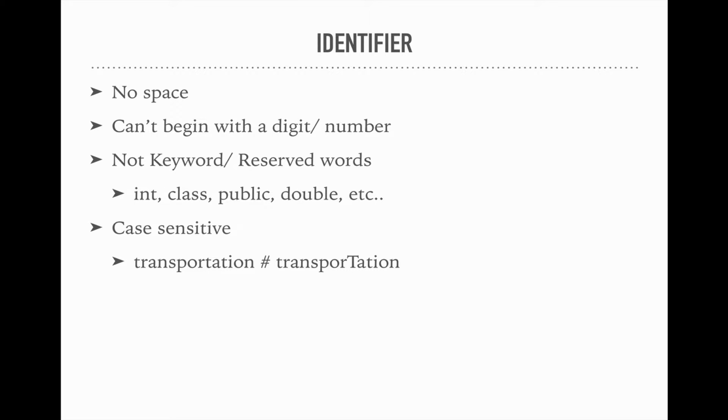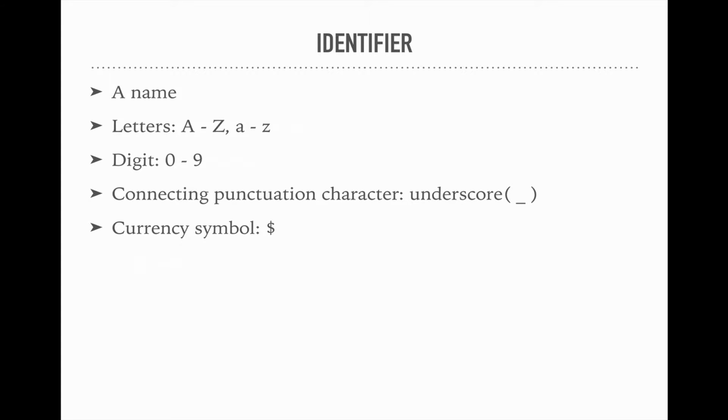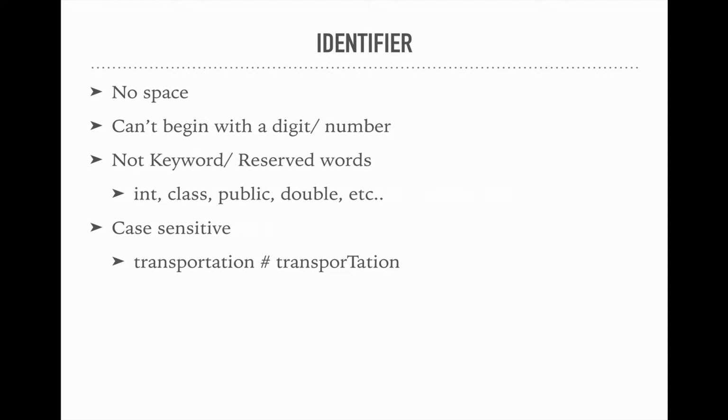However, in an identifier, we cannot use a space, and to begin an identifier, we cannot use a digit. We can use a letter, connecting punctuation character, or currency symbol, but we cannot use a digit. And an identifier cannot have the same name as a keyword or reserved word. For example, we cannot name a variable int, class, public, or double.